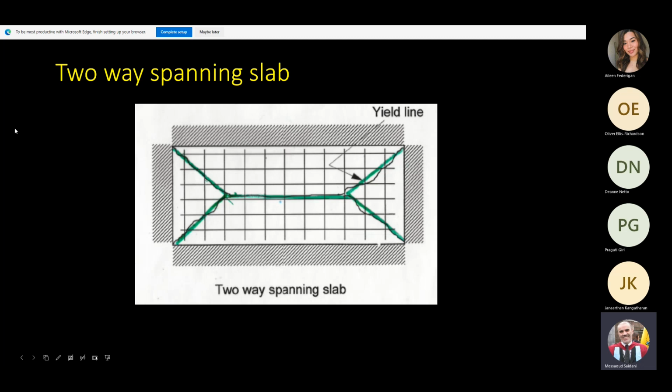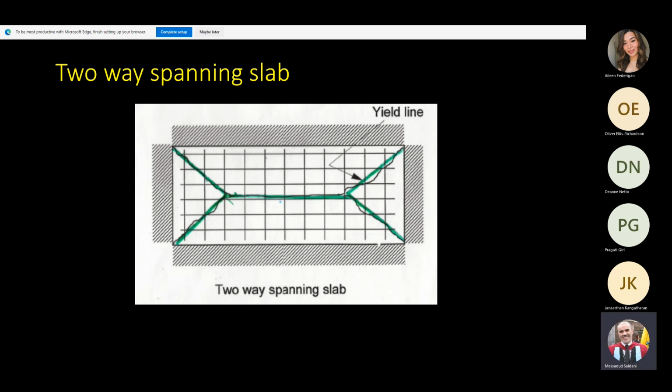This is the yield line pattern that you get for a simply supported rectangular slab on four edges. And this is a two-way spanning slab because it spans in this direction and in this direction, and that's the correct yield line pattern.